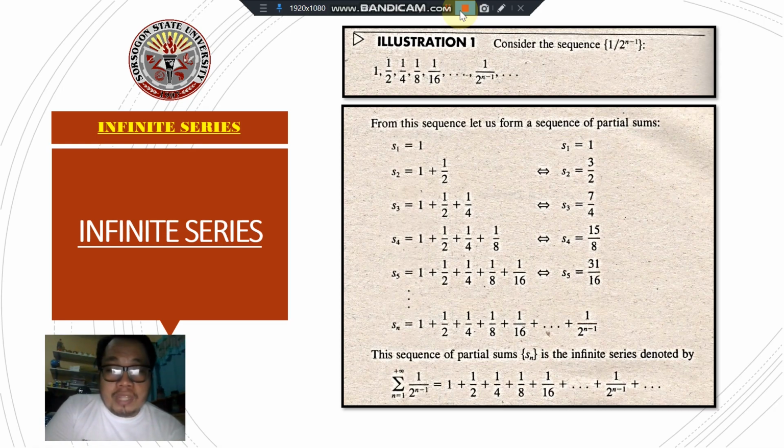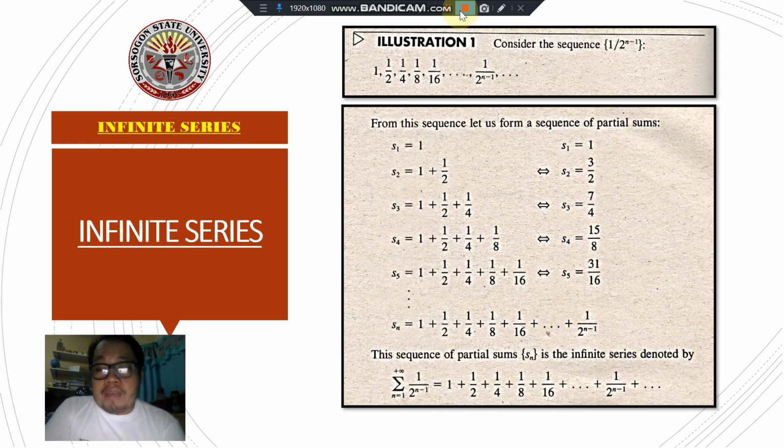That is equal to 1 plus 1 half plus 1/4 plus 1/8 plus 1 over 16, listing the first 5 terms of the sequence, then added with up to 1 over 2 raised to n minus 1 as the nth term. So this is what we call the sequence of partial sums.